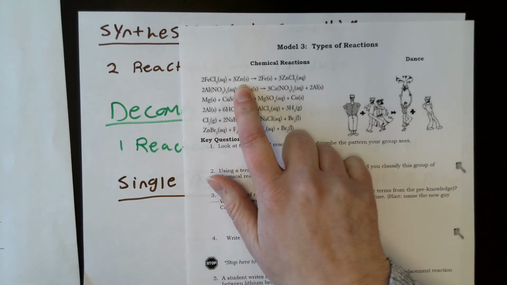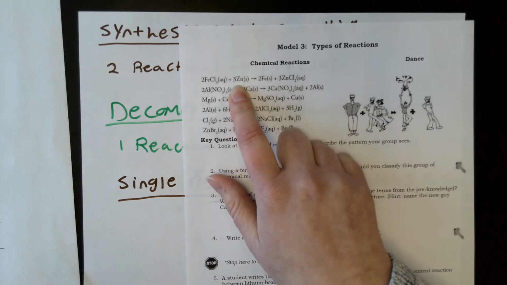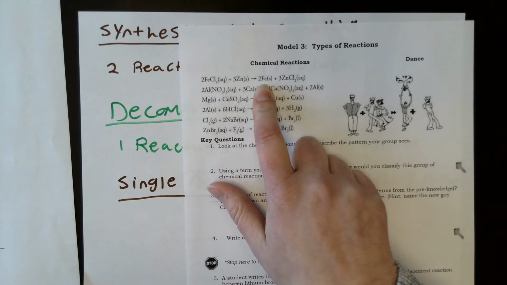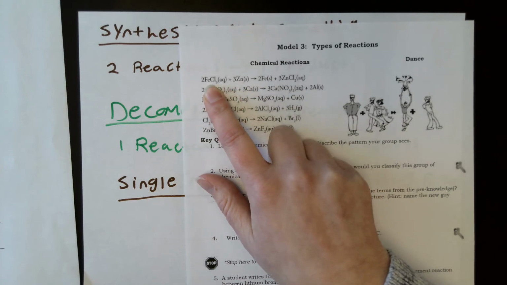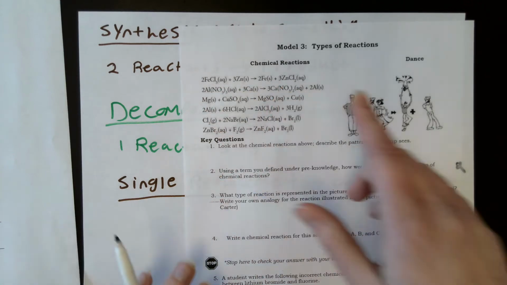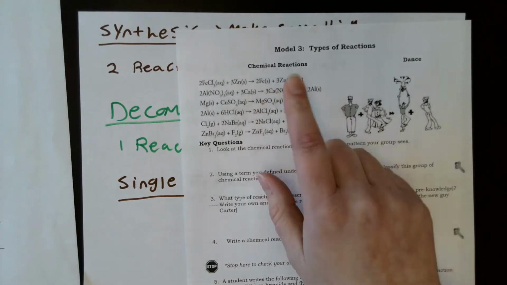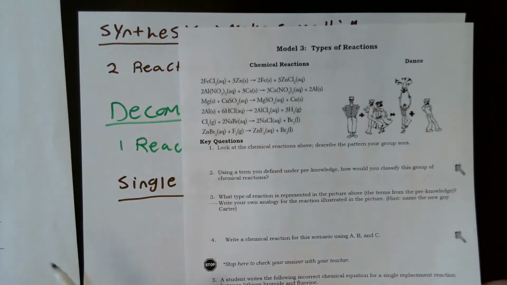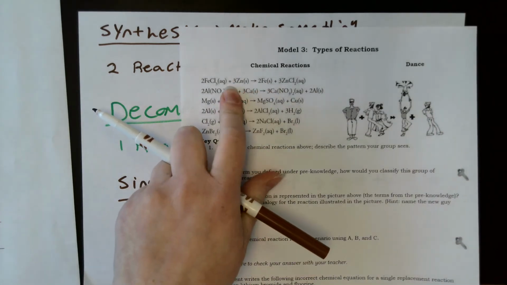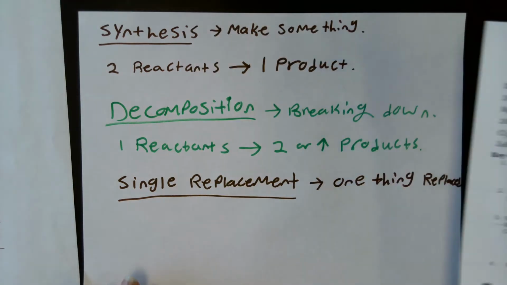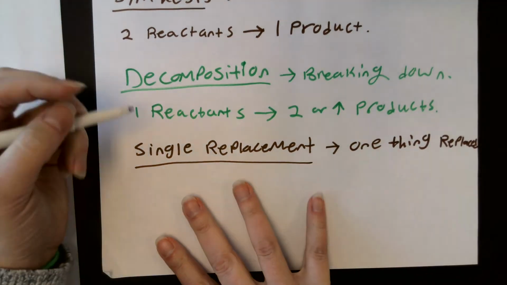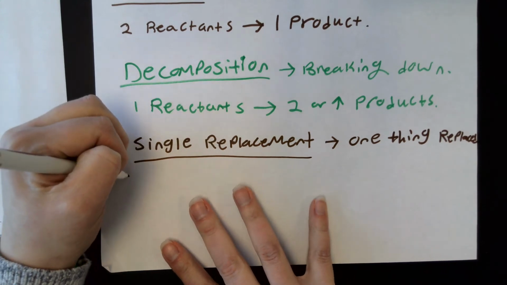On our reactant side, the lone one is zinc, whereas on the product side, the lone one is iron. Over on the reactant side, iron was with chlorine, but on the product side now zinc is with chlorine. So you'll notice that iron got kicked out. So this is what a single replacement is, when one thing is switched around between your reactants and your products.